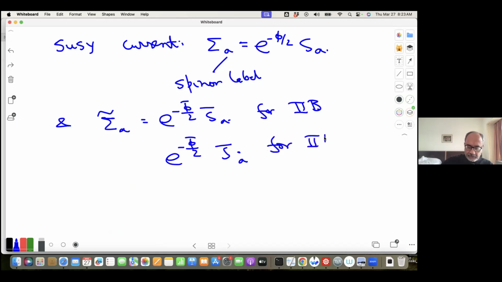I don't remember if I call them S bar or S tilde, whatever it is, these are the anti-holomorphic version of the spin fields. Right? These are the spin fields that we had introduced earlier, this as well as this.